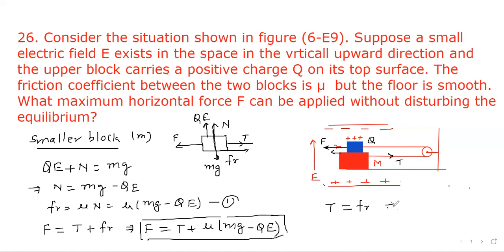So tension will be equal to mu times (mg minus QE). We put this value of tension here. So F will be twice of mu times (mg minus QE). And that's our answer.